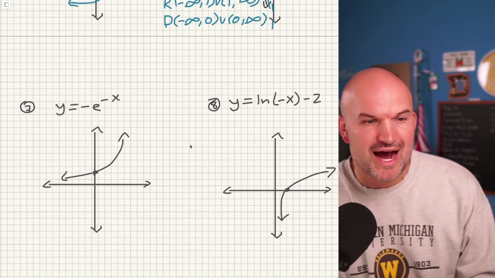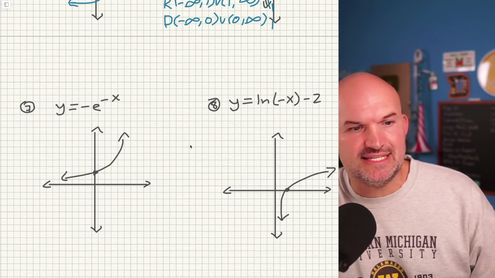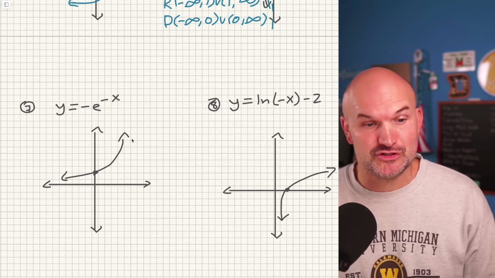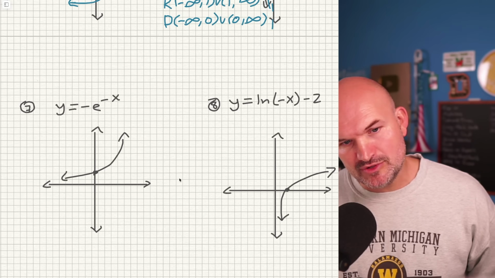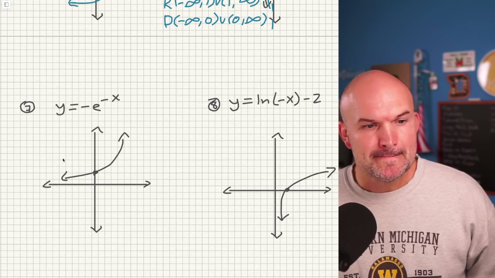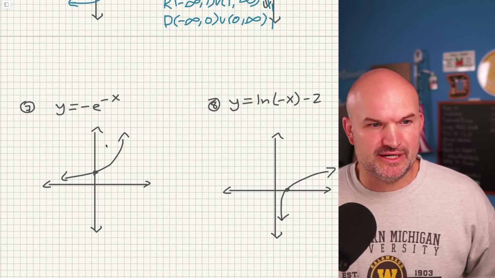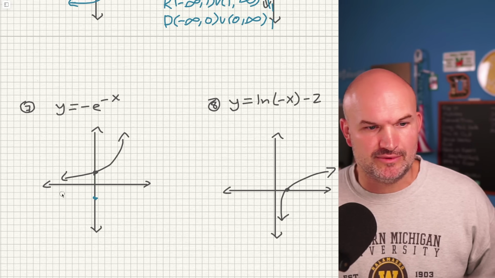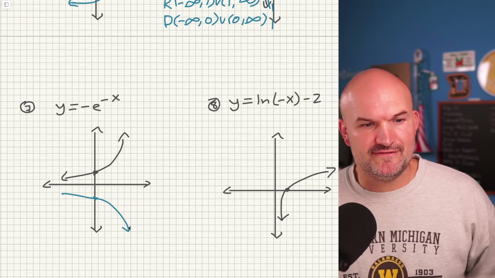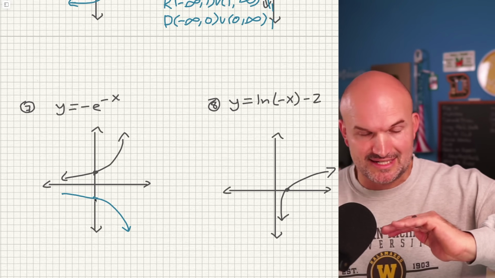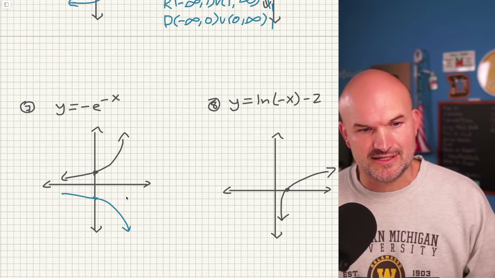Number 7, y equals -e raised to the -x. All right, so we got some transformations going on here. Also note that this has a horizontal asymptote at y equals 0. What I'm going to do here is reflect about the x-axis. That would look something like this. And then that's the first reflection, about the x-axis, and then I reflect about the y-axis.